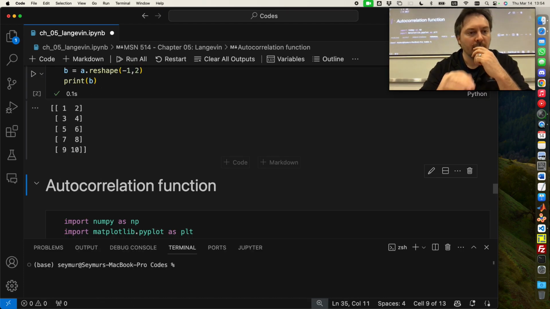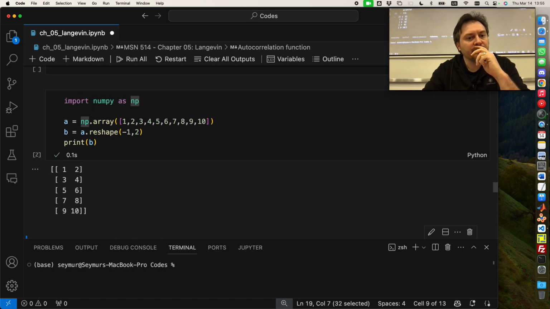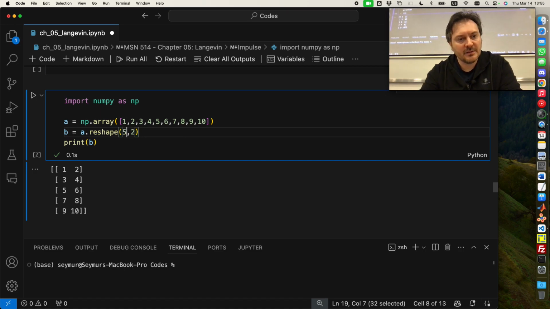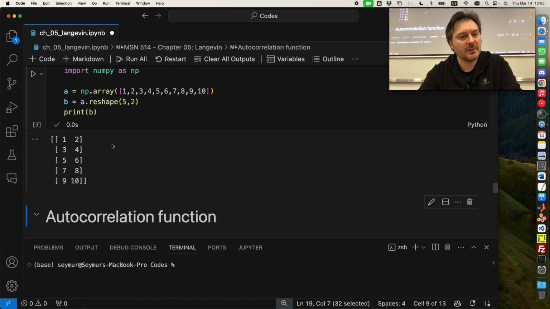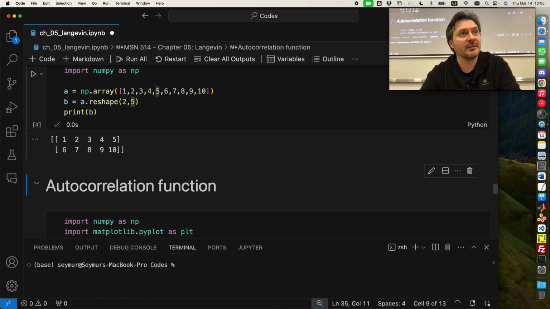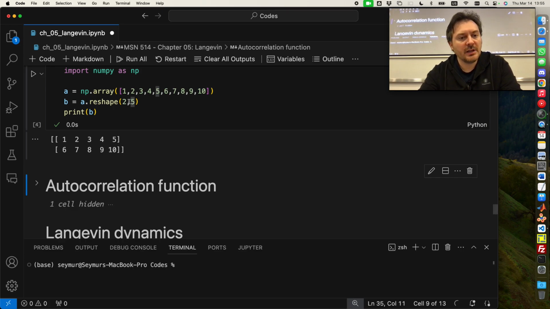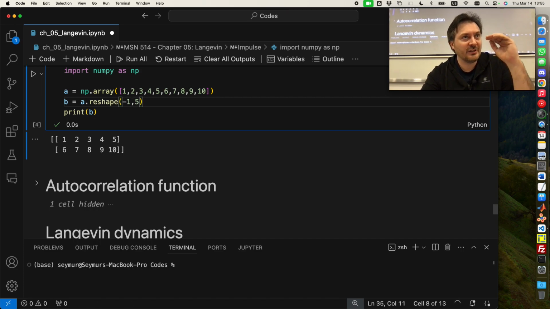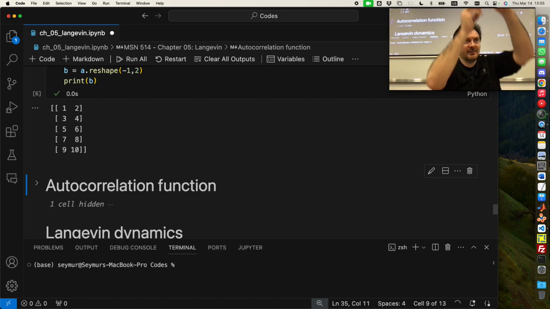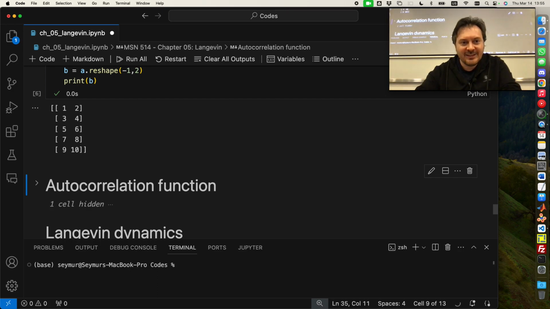Do you see what it is doing? If I reshape it like this, 5 by 2, it's going to give me the same thing. If I do 2 by 5, it's going to reshape this like that. The point is that when I write 5 here and minus 1 here, it will understand how many it would take at that column, so it will do it accordingly. So if I write 2 here, it will automatically replace the whole thing. So if you write 3, will it give an error? Yes, let's see.